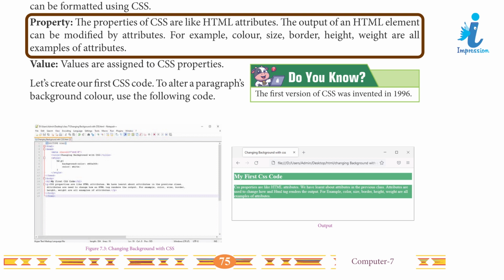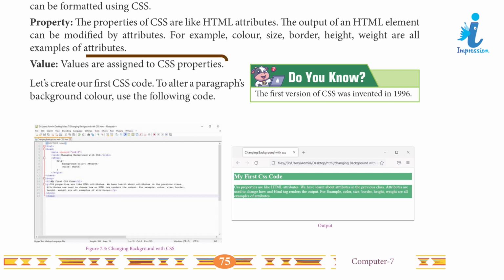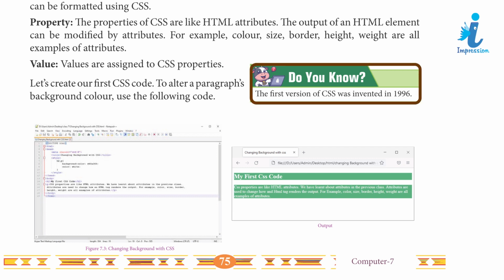The output of an HTML element can be modified by attributes. For example, color, size, border, height, weight are all examples of attributes. Value. Values are assigned to CSS properties. Do you know the first version of CSS was invented in 1996?